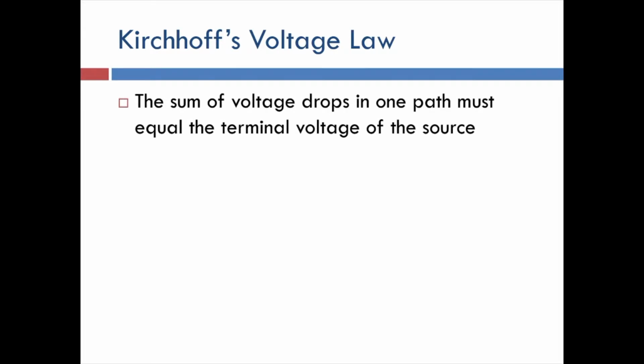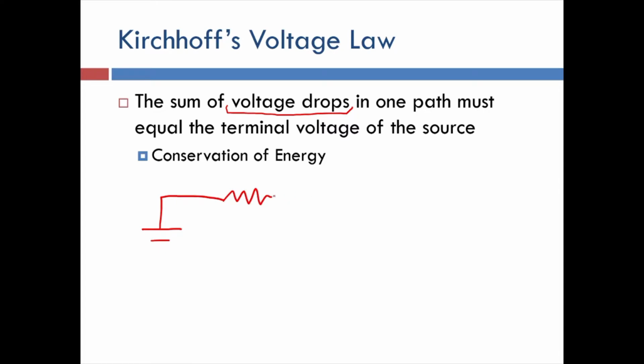Basically, Kirchhoff noticed that if you have one path in your circuit, then all the voltage drops in that path must equal the terminal voltage of the source. You can think of it as if I have a battery, that battery needs to supply energy to everything on that path.